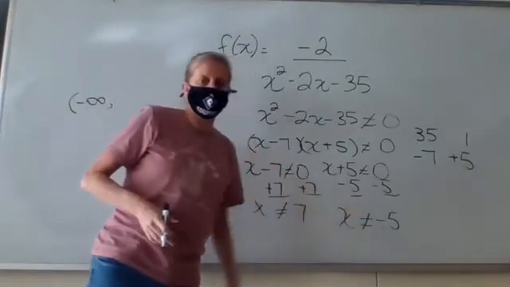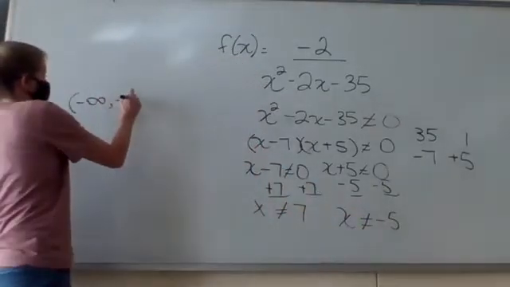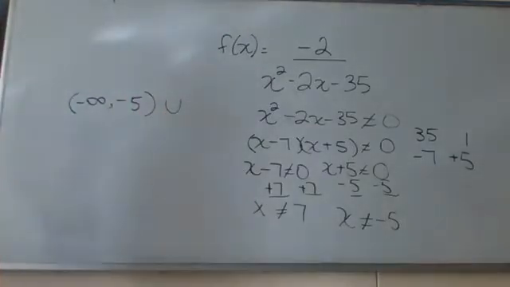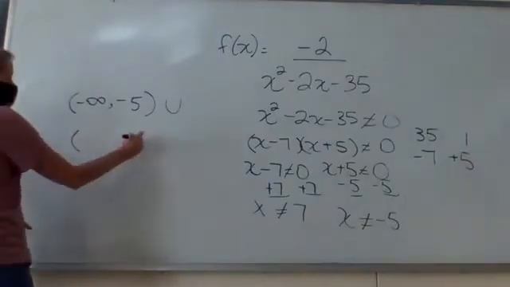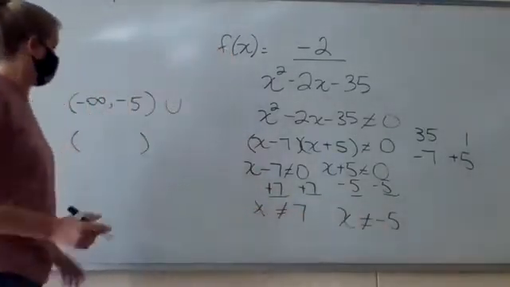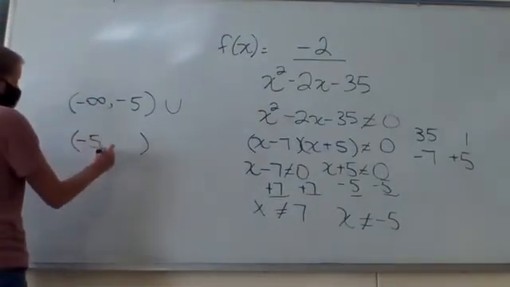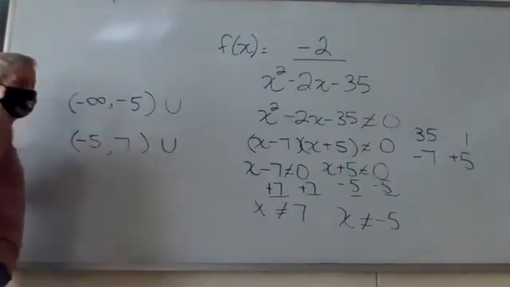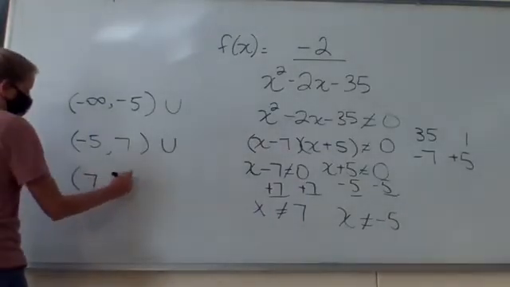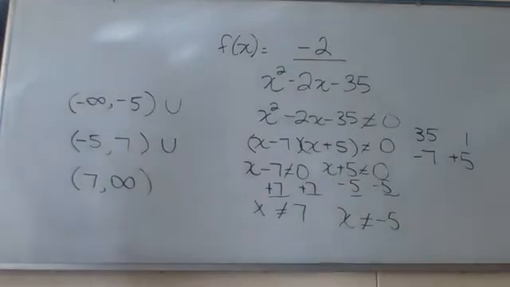You're going to come to the -5 first, then you're in union with. Now you want to include the numbers that are in between these two numbers, because there's several numbers in between there that are okay. So from -5 to 7, again, in union with, and then 7 to +infinity.